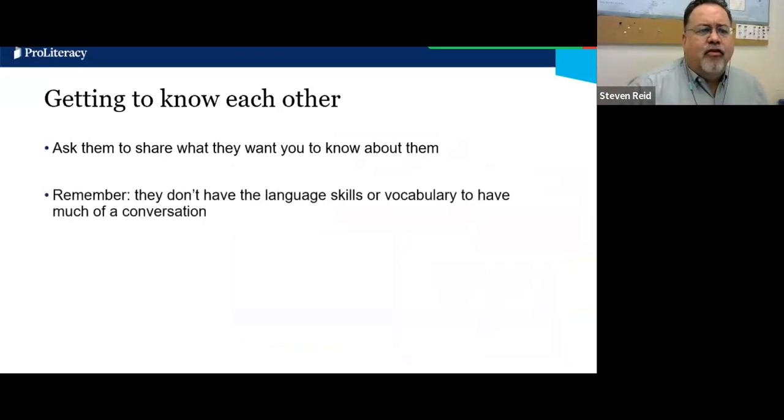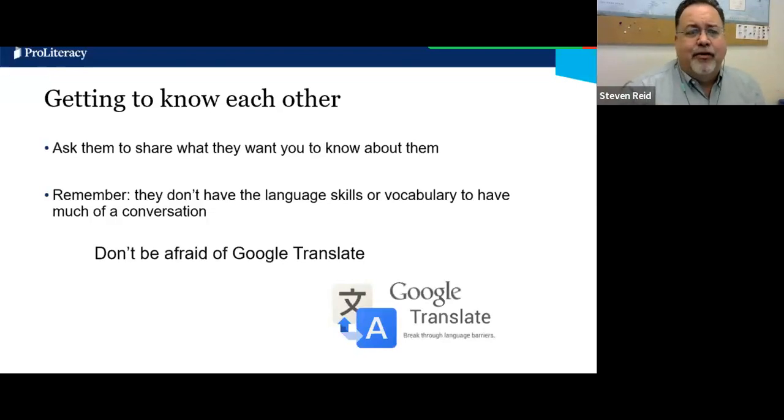Remember that at this level, they do not have the language skills or the vocabulary to have much of a conversation. And so it could be an opportunity to pick up some new vocabulary, but trying to keep everything as basic as possible. But sharing pictures that you've taken is a way to make that connection between you and your students. And don't be afraid of Google Translate.